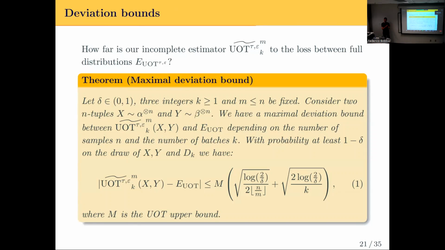So as I am using an incomplete estimator in practice, I want to know how far it is from its expectation. And so if I consider a fixed minibatch size, I see that when I consider a bigger number of samples, and k minibatch couples, which linearly increases, well then the incomplete estimator would just get closer to its expectation.